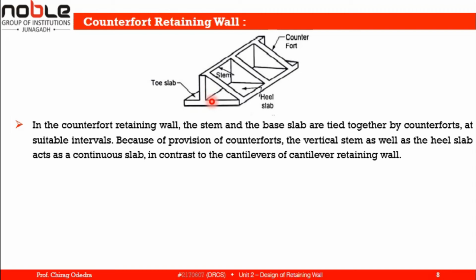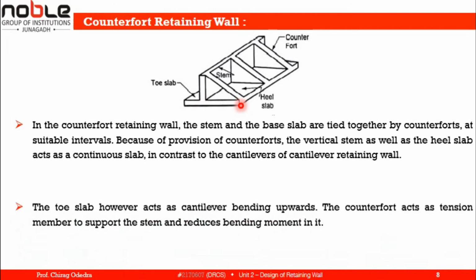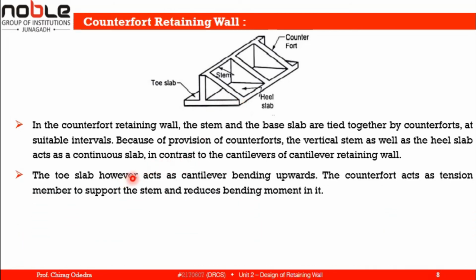Instead of this, in case of a cantilever retaining wall, this stem also acts as a cantilever, and this heel slab also acts as a cantilever. The toe slab, in this case, however, acts as a cantilever bending upwards. The counterfort acts as a tension member to support the stem and reduces the bending moment in it. So here, this toe slab acts as a cantilever, like in a cantilever retaining wall.